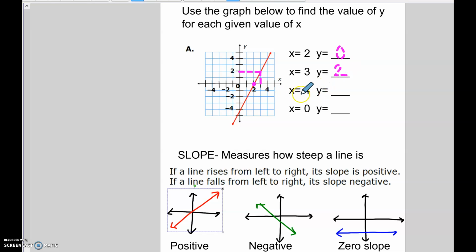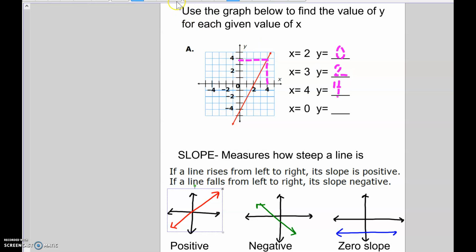Now try x is 4. Slide to 4 on the x-axis, and go up until you're touching the red graph. Stop, and go over to the y-axis. When x is 4, y is 4.